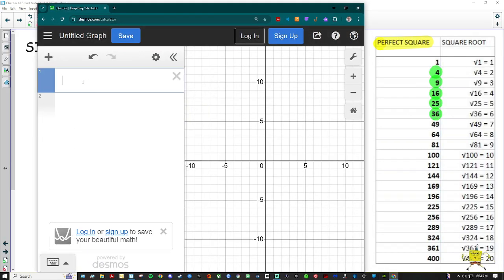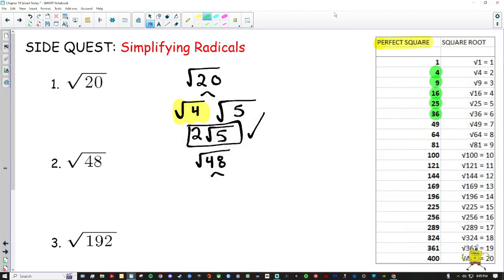I'm going to change this to 48 divided by. Let's try 36. 36 does not work. It's a repeating decimal. 25 does not work. It's a decimal. 16 works perfectly. 16 times 3 is 48. So I'm going to add a 16 and a 3.